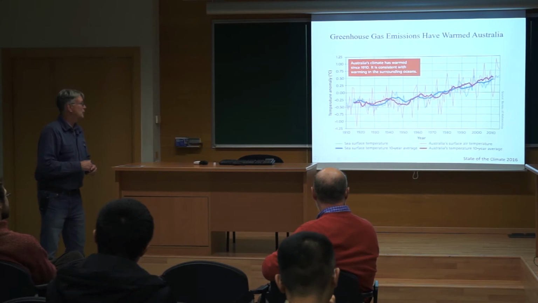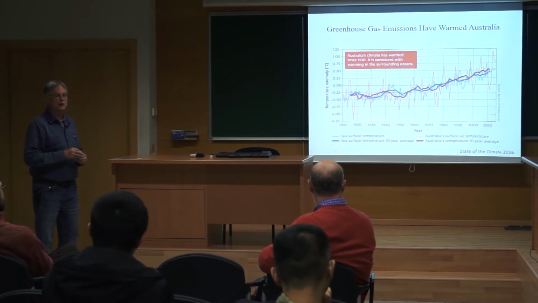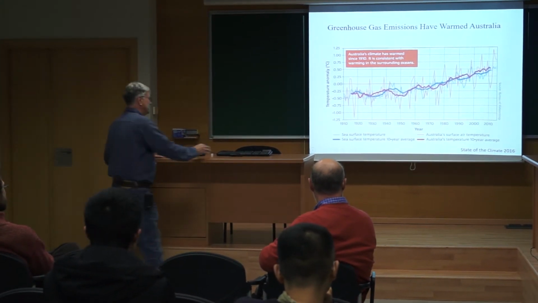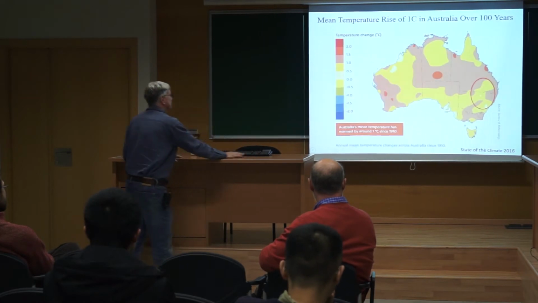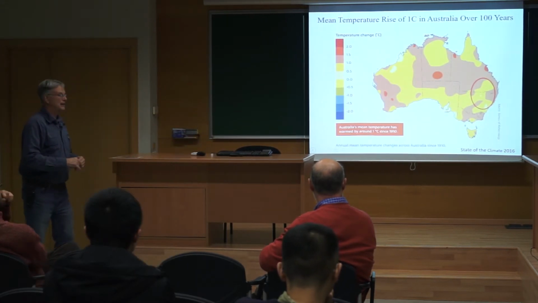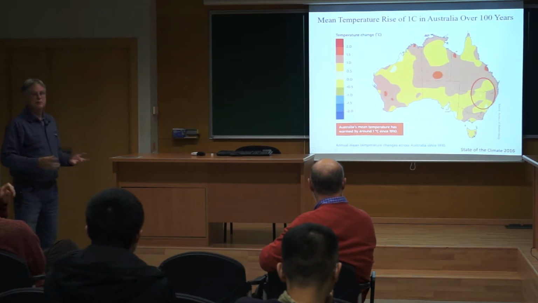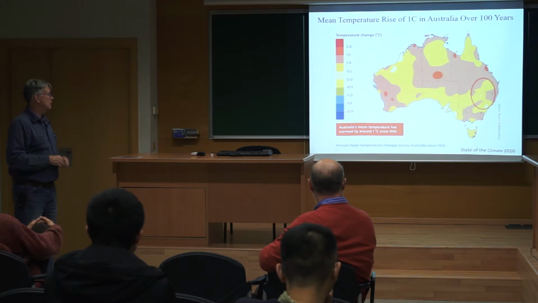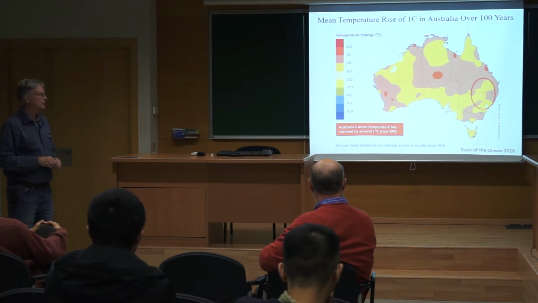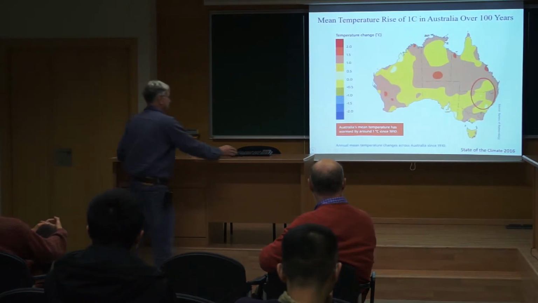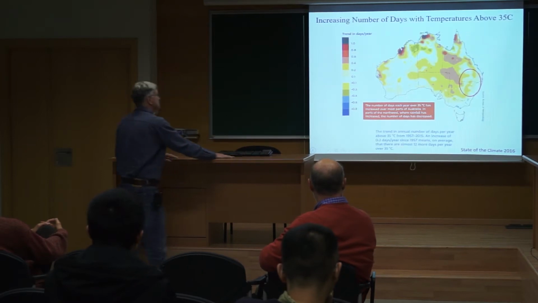The climate has warmed consistently, both on land and in the oceans, which is important. If you look at Australia, that big circle is where cotton is grown. The mean temperature has gone up about 1 degree C over the last 100 years, and there's really no place where the temperatures remained the same or declined.